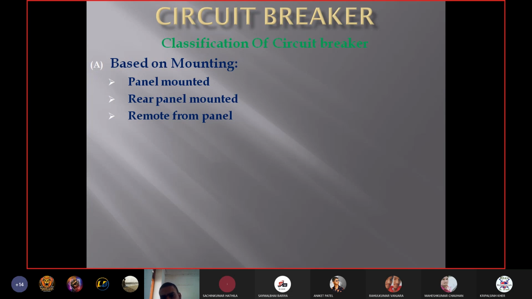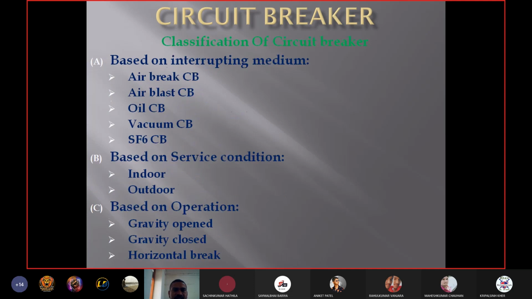It is not mounted on the panel, but it is mounted on a remote side from the panel. So based on mounting, it is classified into front panel mounted, rear panel mounted, and remote from panel. So this is the classification of breakers.